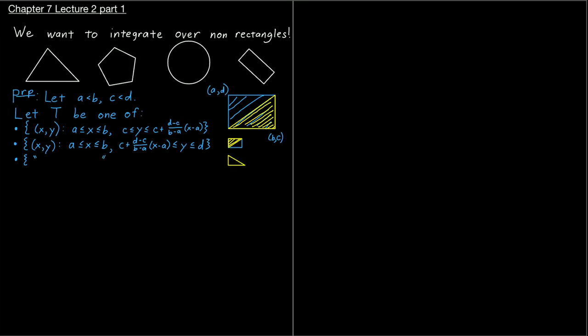Let's see, that first part is just a copy, and then we've got its complement, the top right triangle. I've forgotten a C plus up here.